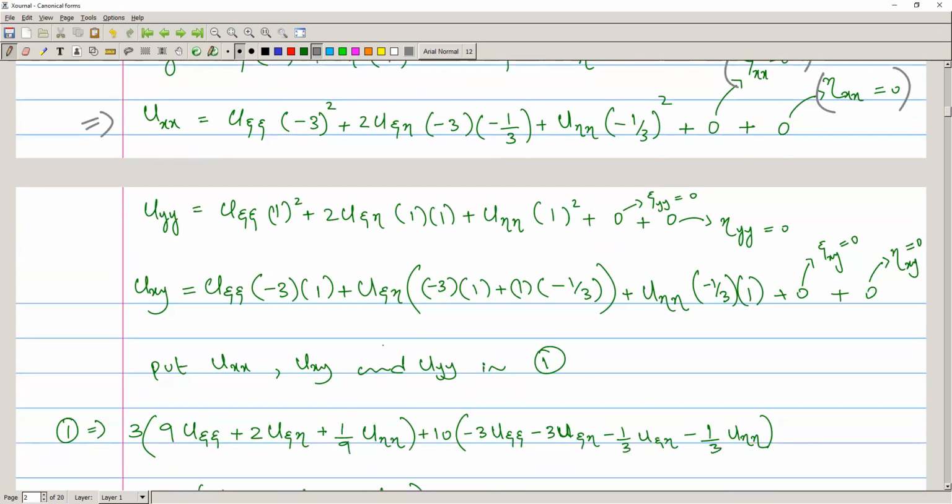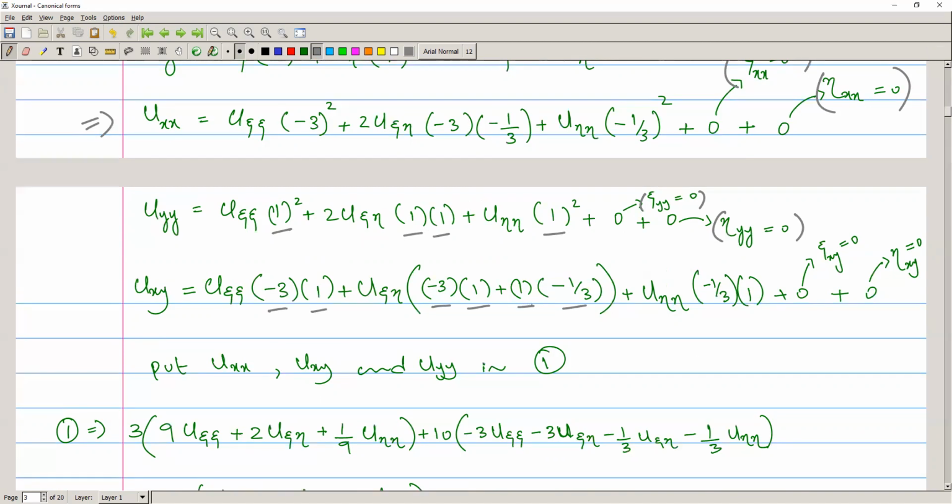And similarly for uyy, we will put the values of psi y, eta y, and this will be 0 because these are 0, right? And then for uxy, here it's psi x times eta y, then eta x times psi x.